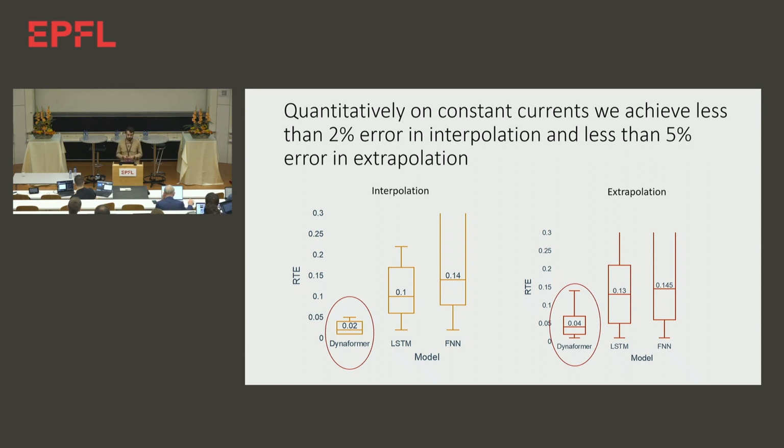And what you can see is that our method outperforms the other baselines substantially. Without going too much into detail on the meaning of the metric, there is a big gap from the other baselines, which is remarkable. The extrapolation performance is slightly worse than the interpolation performance, but still good, meaning there is good generalization performance.